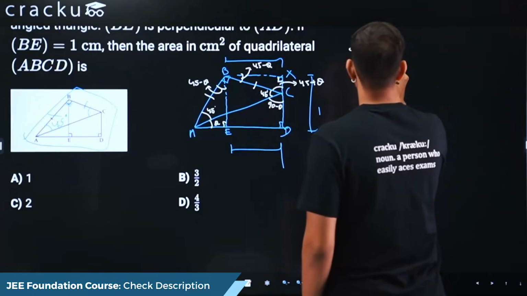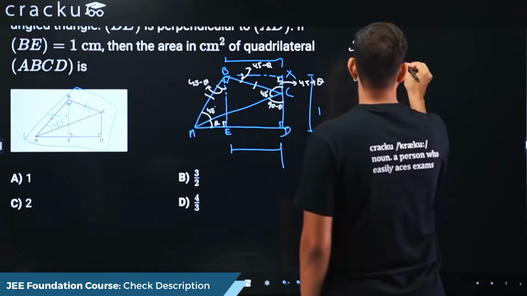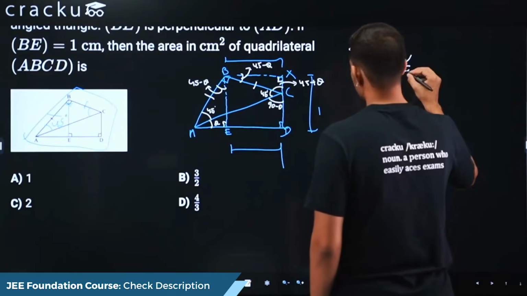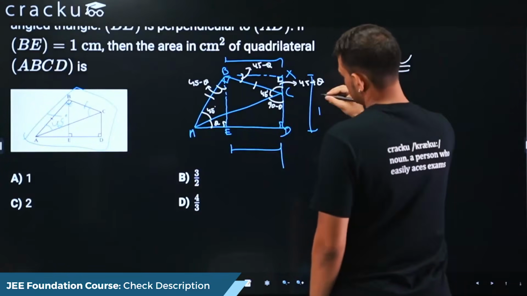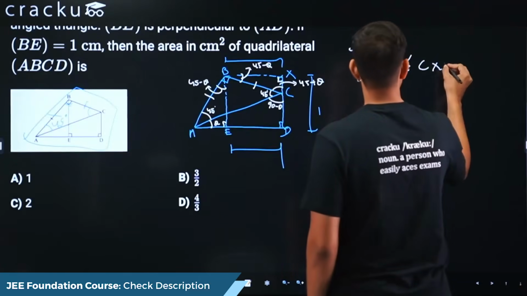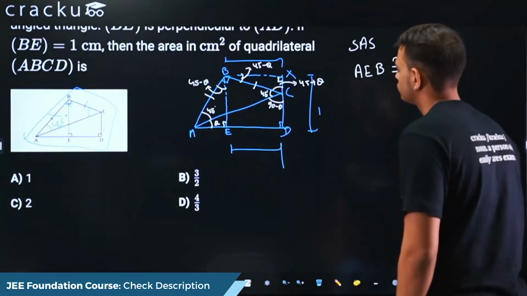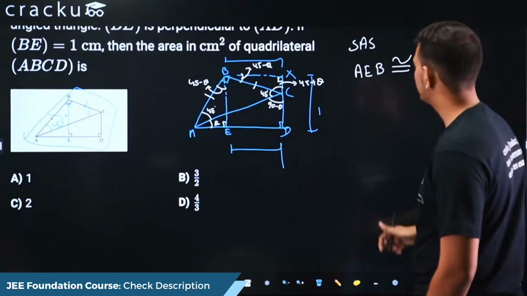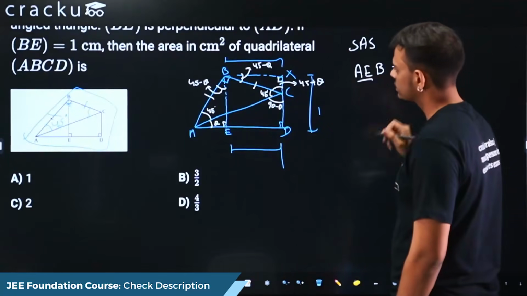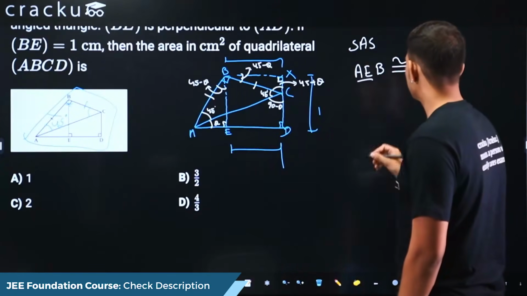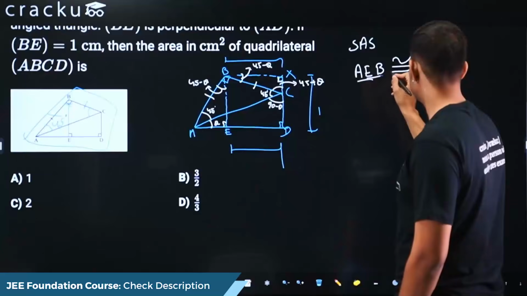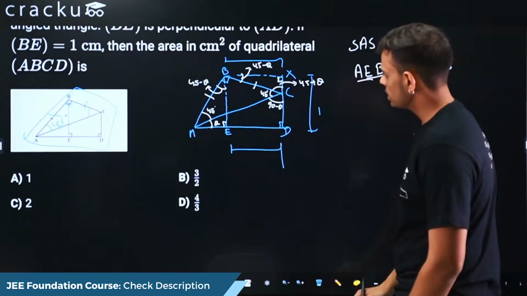AEB will be congruent to CXB. Okay, CXB. This implies that AE equals CX, and EB equals XB.